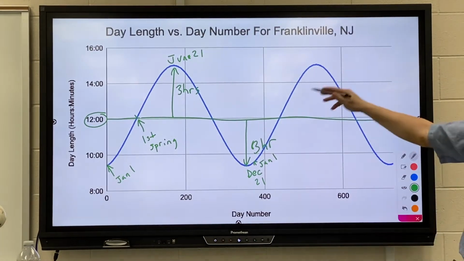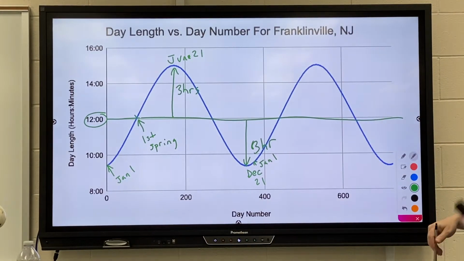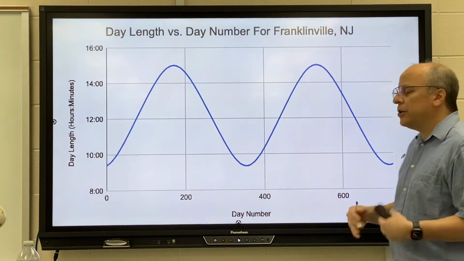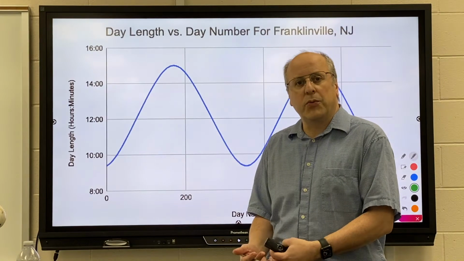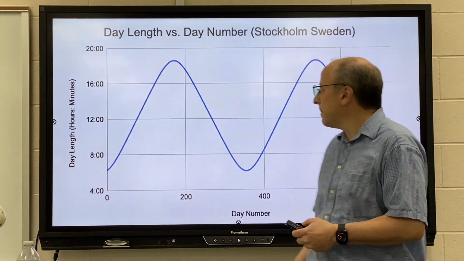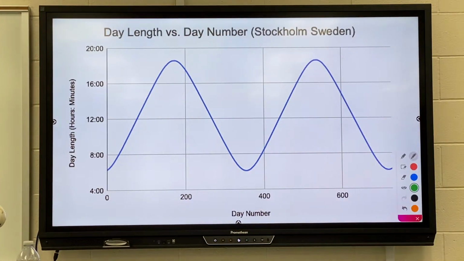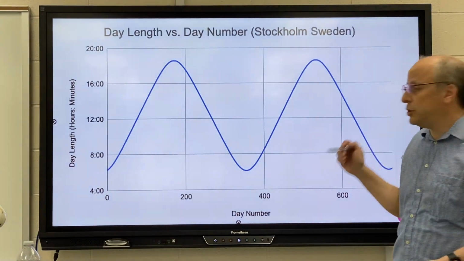Okay, so this is what a sine curve would look like, and one that you can relate to because you experience it during your life, and every year we go through the same pattern. If we lived in Stockholm, Sweden, we'd have the exact same shape.